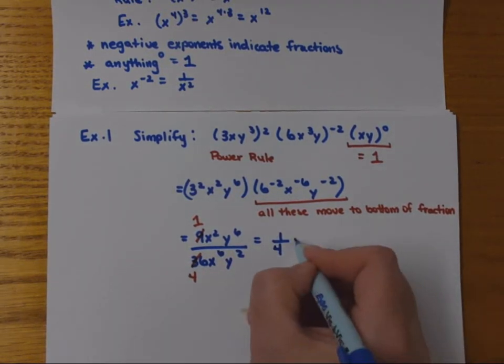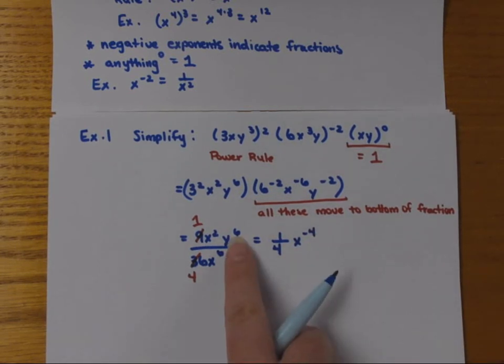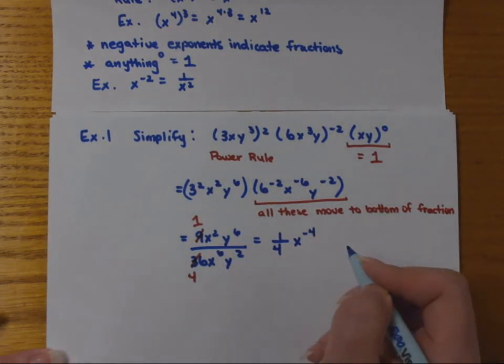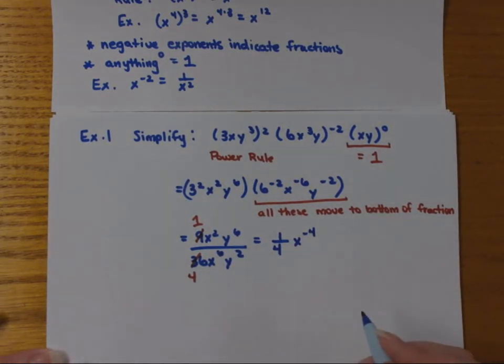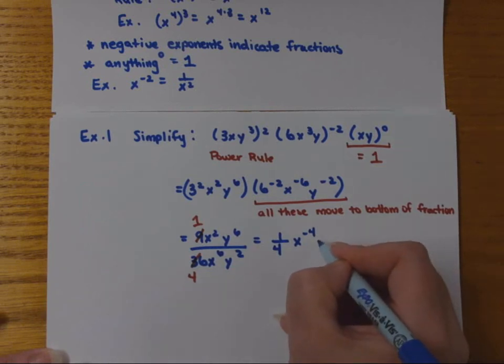And then let's do the quotient rule here. We would do 2 minus 6, so 2 minus 6 is negative 4, and we have x to the negative 4th power. Here we have y to the 6th over y squared, so we subtract those as well, and we would get y to the 4th power.